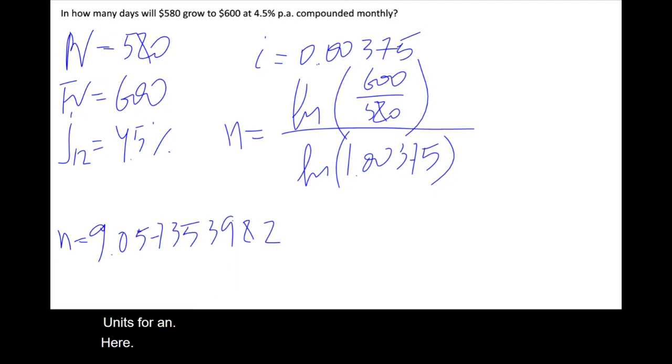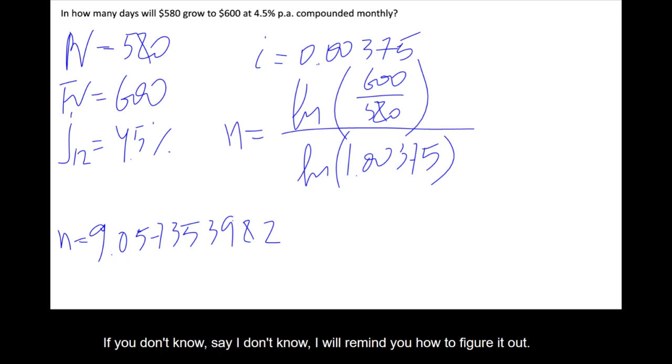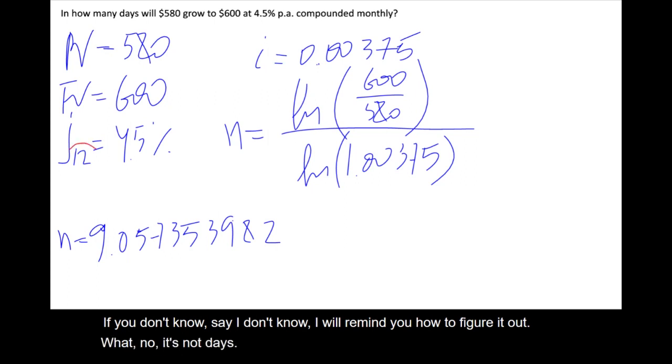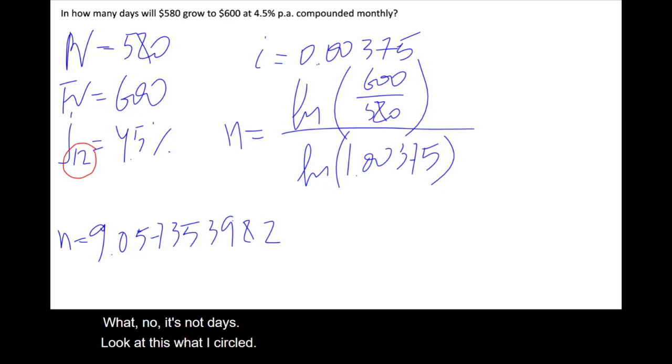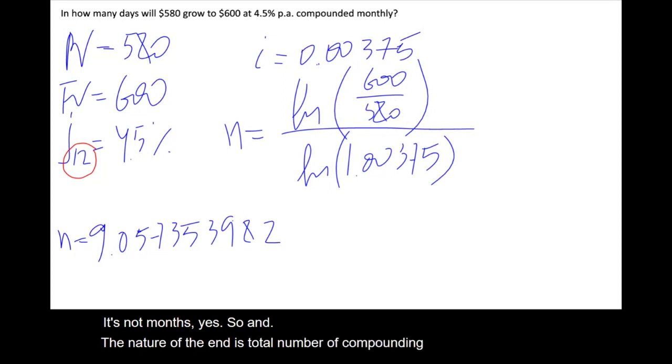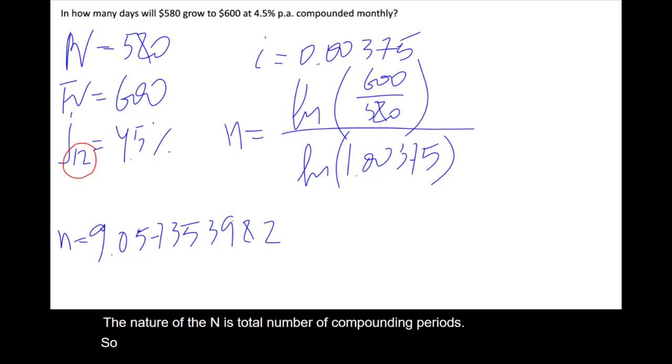People, what units? If you don't know, say I don't know, and I will remind you how to figure it out. It's not days. Look at what I circled. The nature of n is the total number of compounding periods, so n has the same unit as the compounding period.